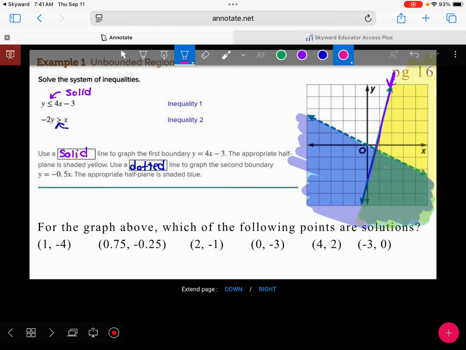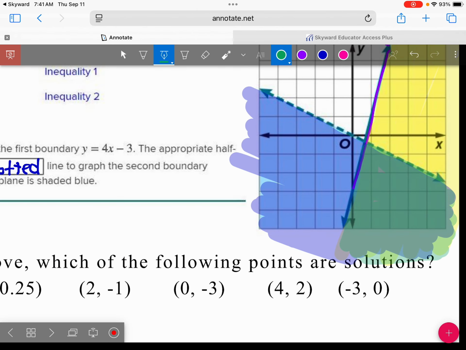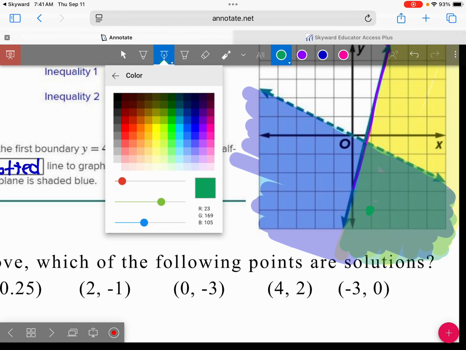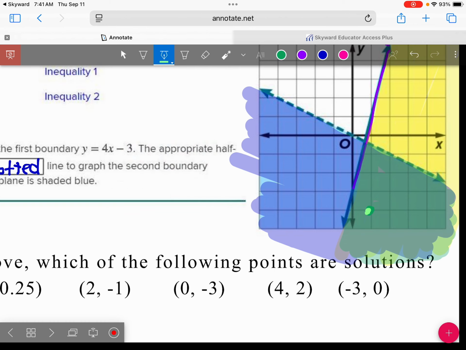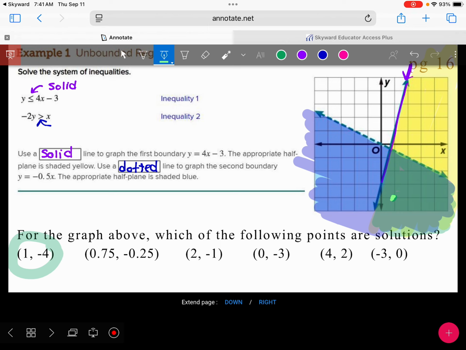This is a solution for this system. It's the light green dot right there. That's where that (1, -4) is.